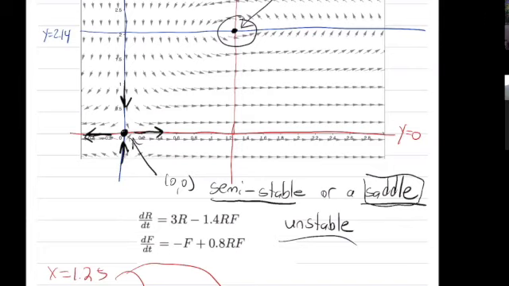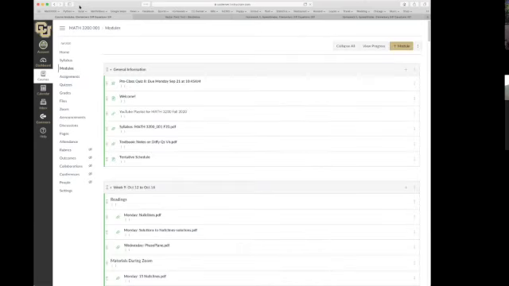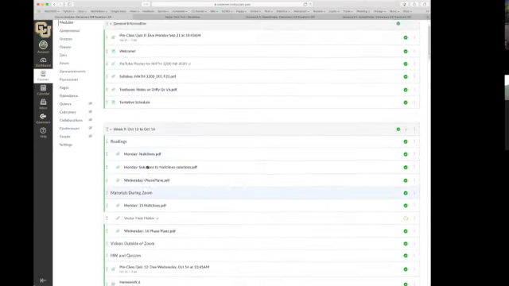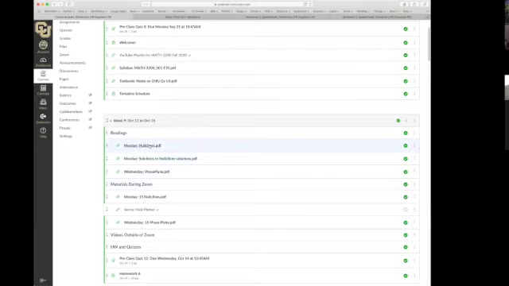Okay, so I'll stop here since we're out of time. I will say that on our Canvas site, here are the reading materials on nullclines.